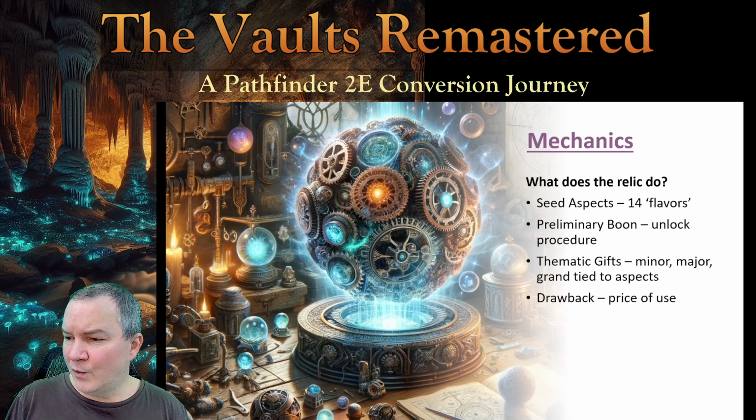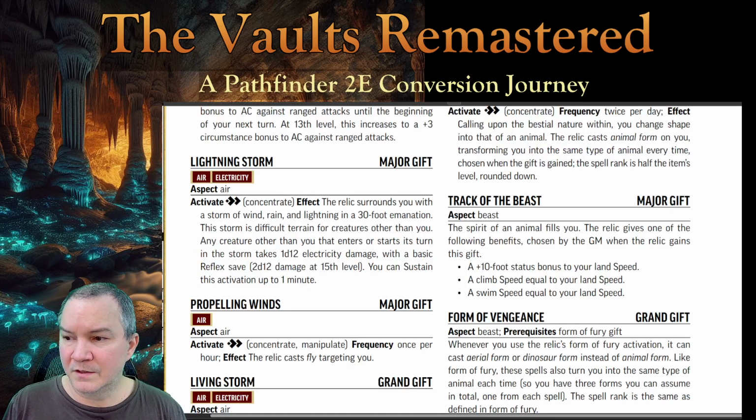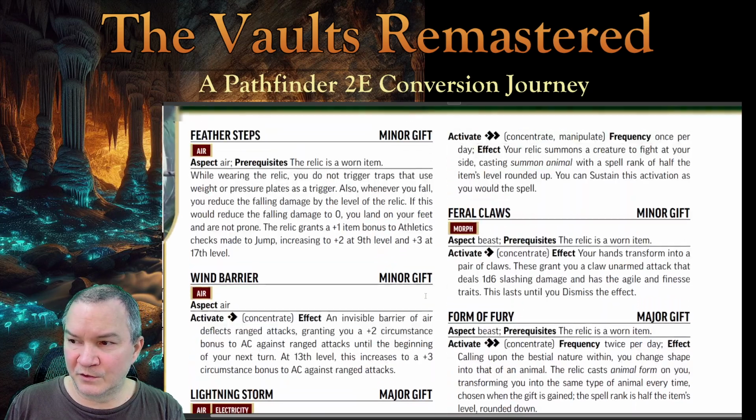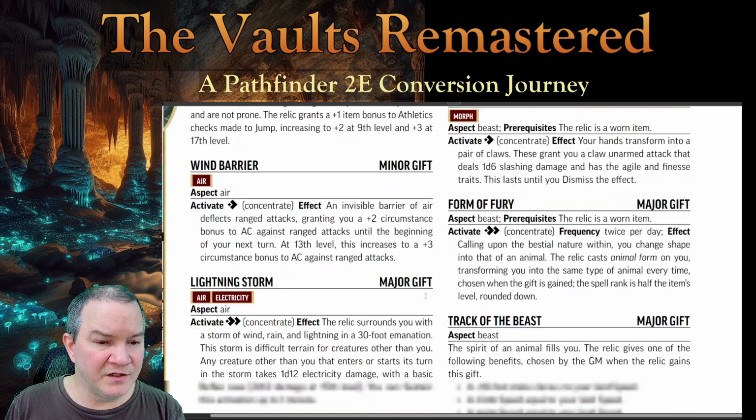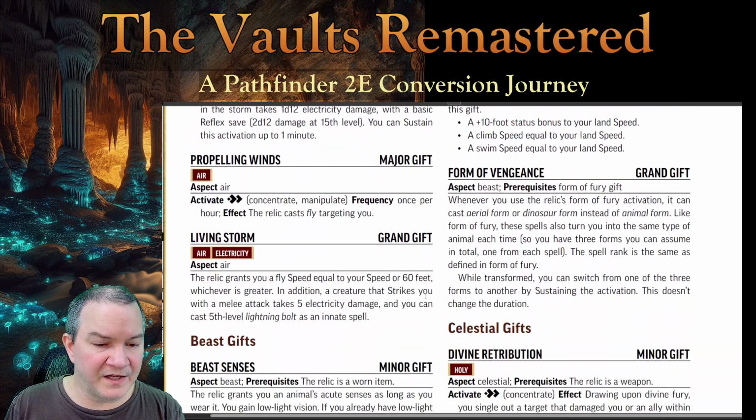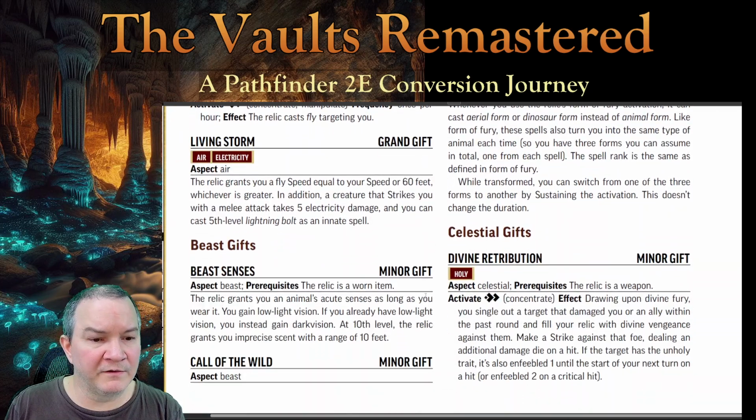All right, let's take a quick second to flip over to the traits here, to the gifts for these relics. So I'm gonna pop over to my GM core and kind of scroll through a little bit here. As you can see, there are pages of gifts that you can apply to your relics. As an example down here, we have the celestial gifts.